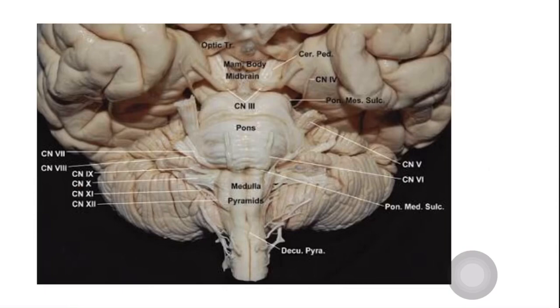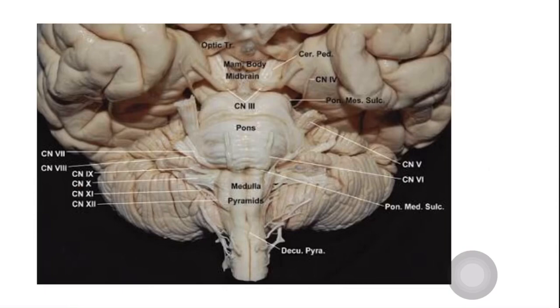If you want to name a few tracts in the inferior cerebellar peduncle, you can mention the parts present in the medulla. For example, the olive is there. Olive to the cerebellum, the tract is named olivocerebellar, and the medulla is continuous down as the spinal cord. So you can mention the second tract as spinocerebellar. While mentioning spinocerebellar, you should mention properly whether it is anterior or posterior spinocerebellar.